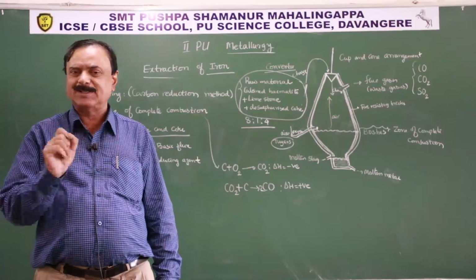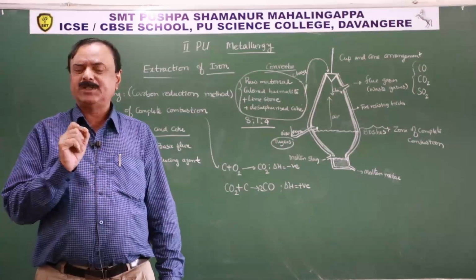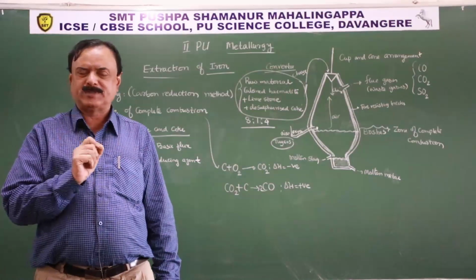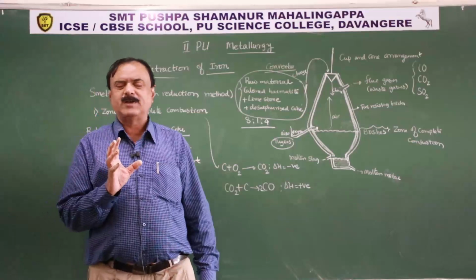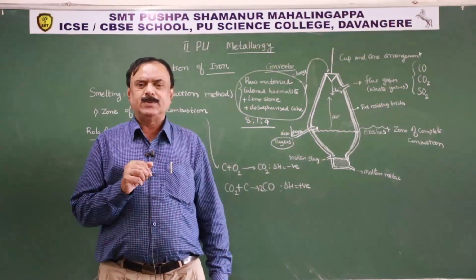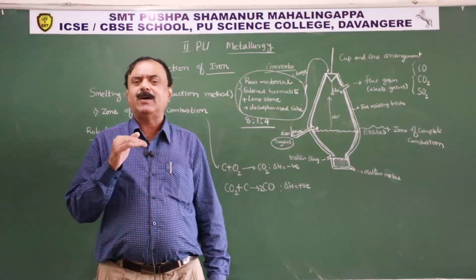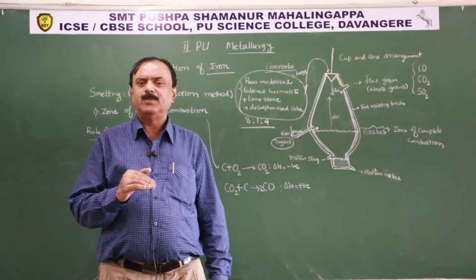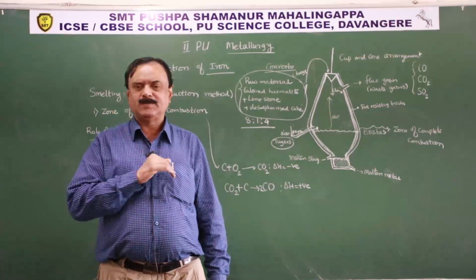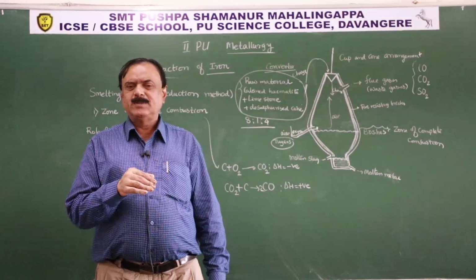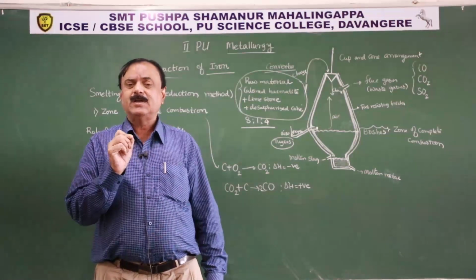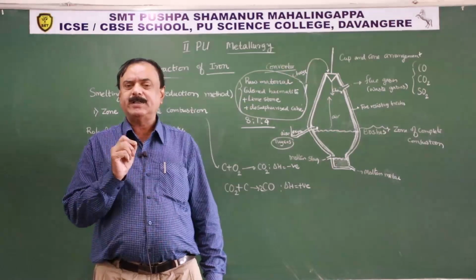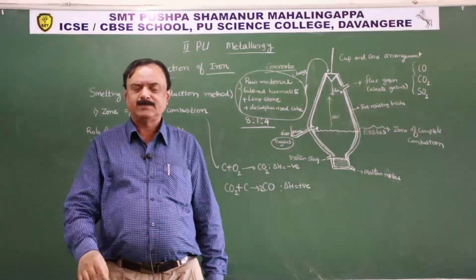Oxidation reaction is an exothermic process. Reduction reaction is an endothermic process, which means it utilizes energy. Therefore, the temperature falls gradually from the gaseous region to the top region. The furnace will acquire the least temperature at the top and very high temperature at the bottom.